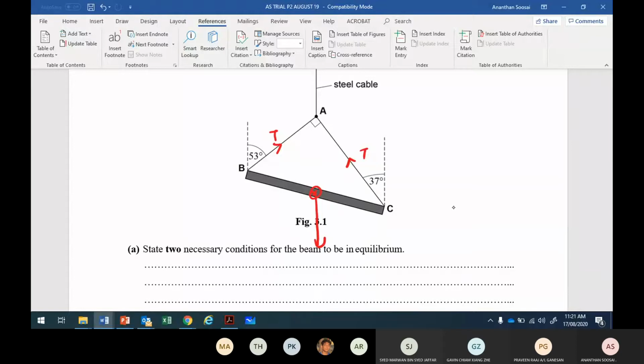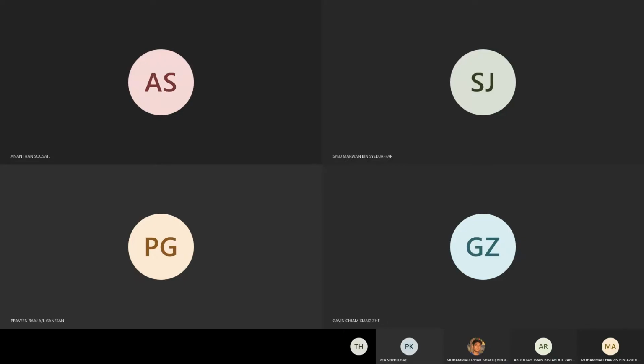Back to the sharing one. Can you see now? No. Oh my god. What are you seeing now?